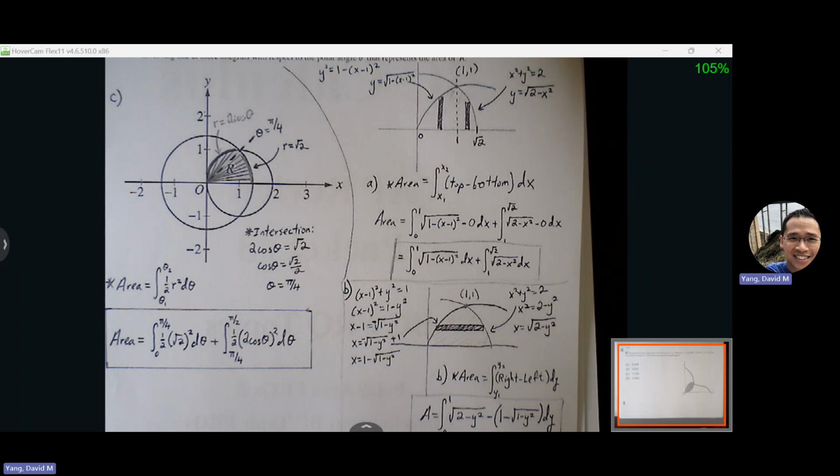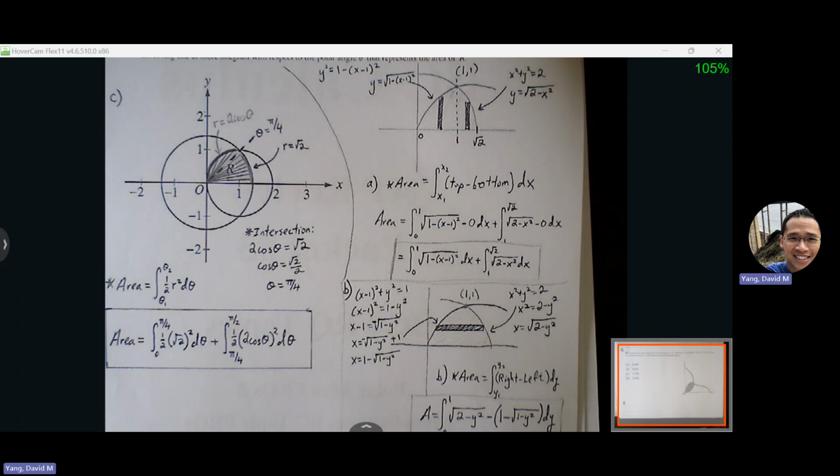So here's part C, understanding that we have to find the area of this region, and we have to find the area of this region. Because all these sector regions are hitting different curves. From 0 to π/4, we're hitting the circle centered at the origin. And then from π/4 to π/2, we're hitting the other, smaller circle, the 2 cosine theta.